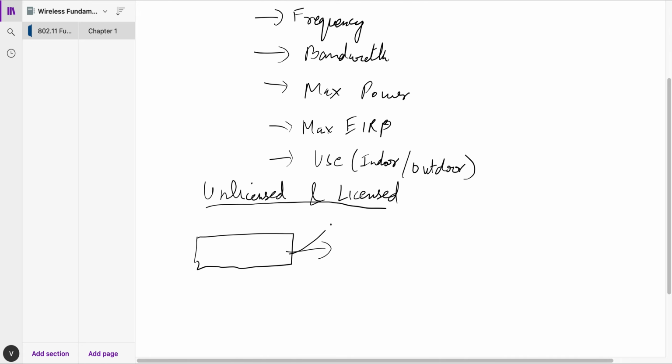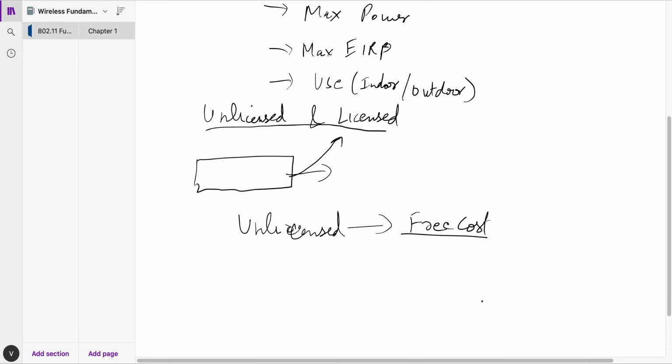Whereas unlicensed band is absolutely free of cost, and anybody can use it. So that's the advantage. It's free of cost. And the disadvantage is that unlicensed band is used by anybody and everybody in the Wi-Fi world.